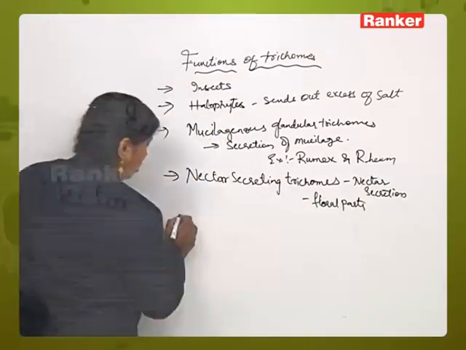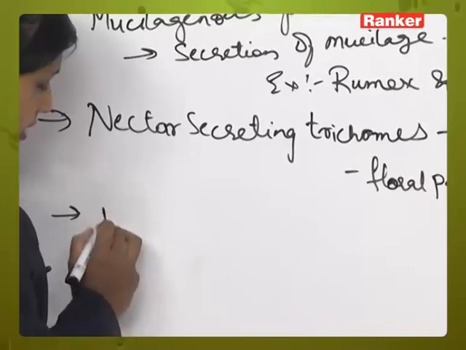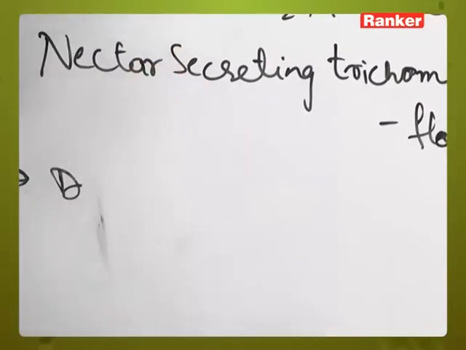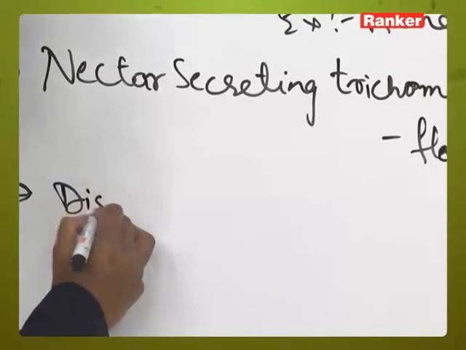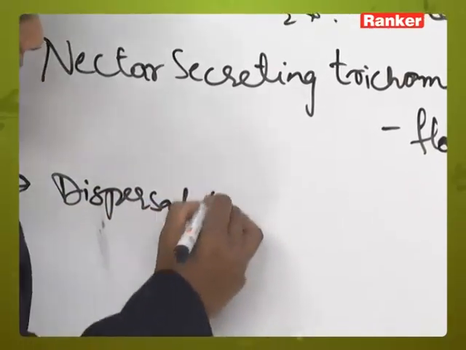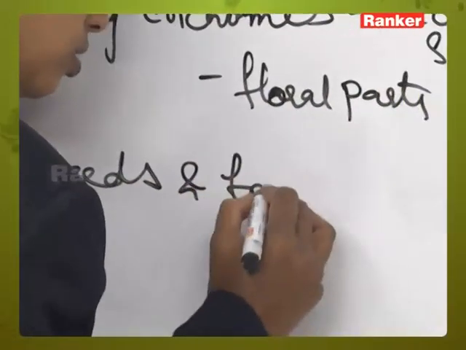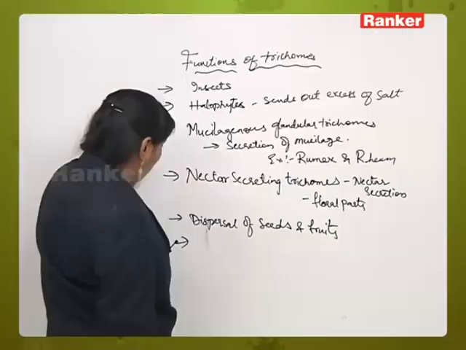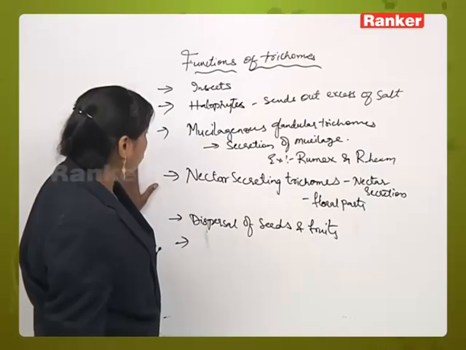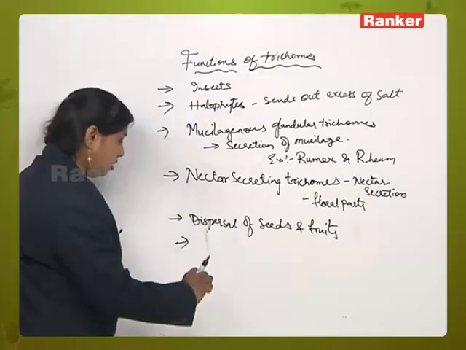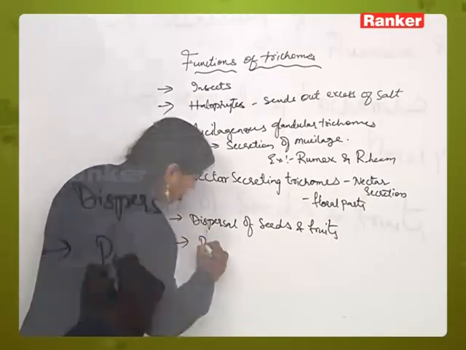And some of the trichomes are modified and they are helpful in the dispersal of seeds and fruits. Sometimes the trichomes present in the floral parts also help the floral parts in functioning during pollination.